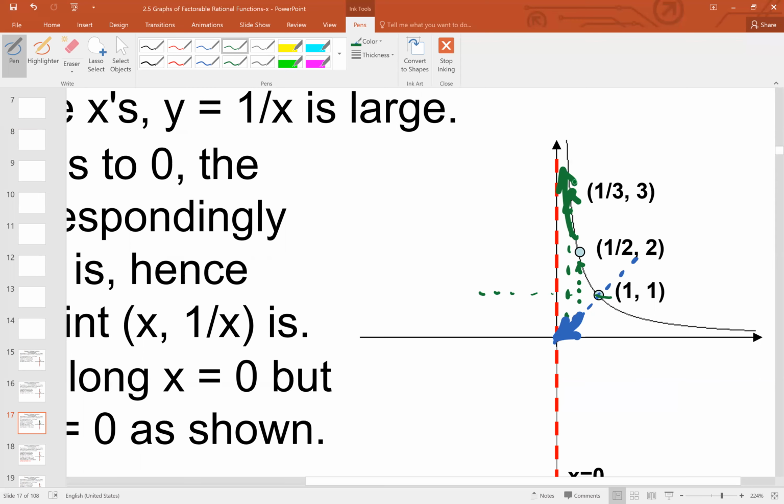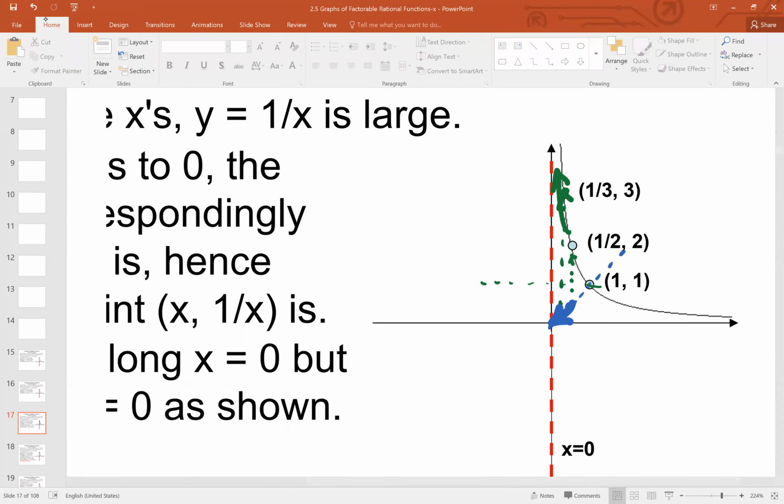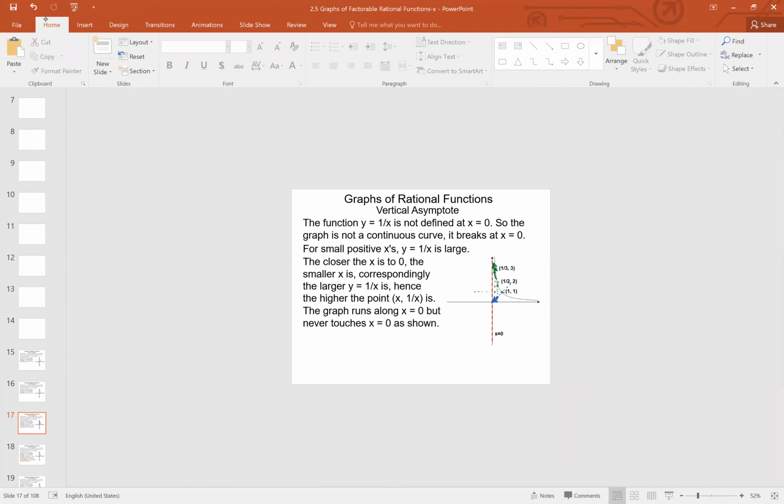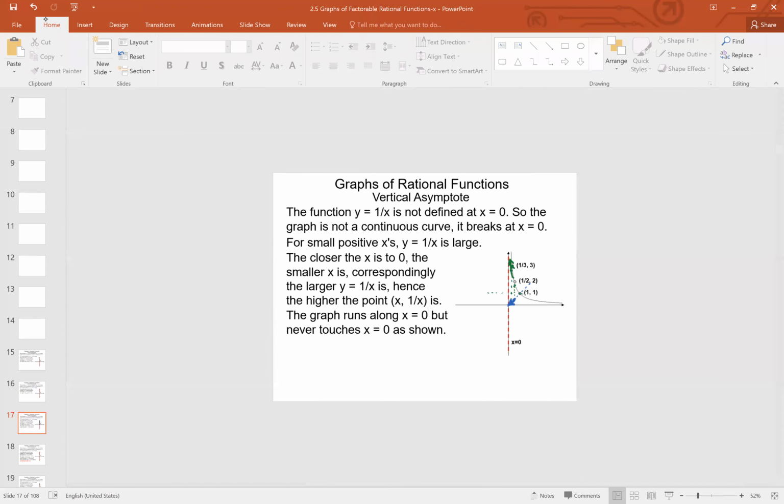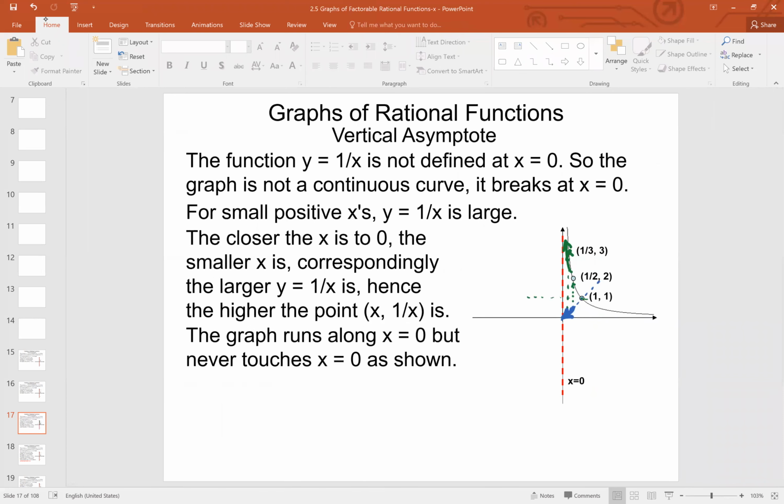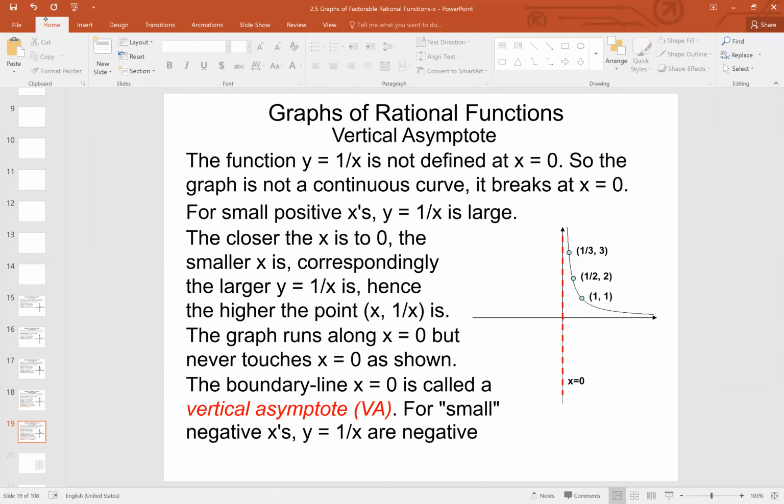So this association of the graph of the reciprocal with a graph going through 0 corresponds to going up or down along the asymptote. This geometrical association, if you grasp it, will help a lot in graphing and will make graphing rational functions simple.